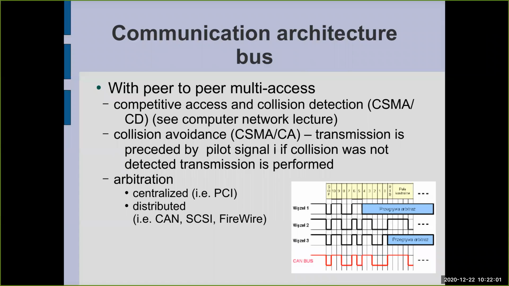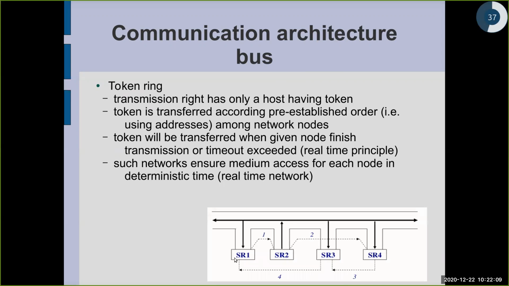The second solution, which is not point-to-point, is called a bus architecture. So in bus architecture, we have many nodes, and they share the same transmission line. So what are the problems here? The most important problem is who is allowed to transfer data, because if a particular node transfers data, other nodes have to listen.